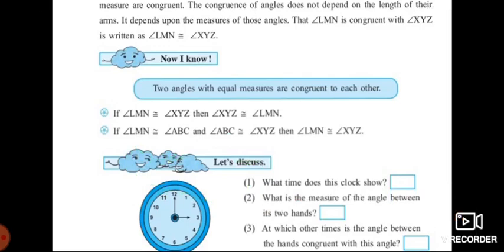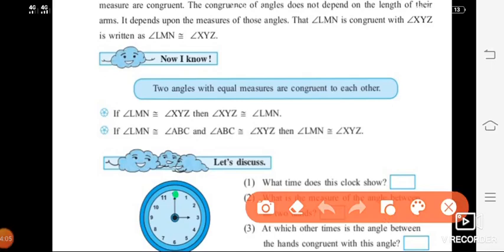Now let's move on to the next part, let's discuss what time this clock shows. What is the time? Correct, it is exactly 3 o'clock. What is the measure of the angle between its two hands? Just look at the two arms.